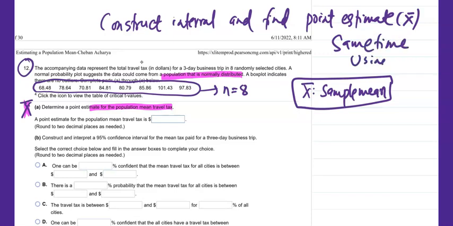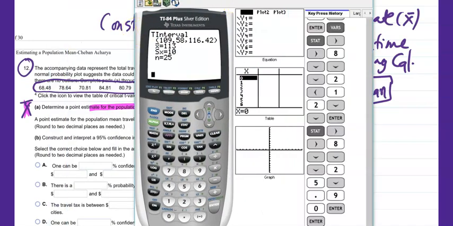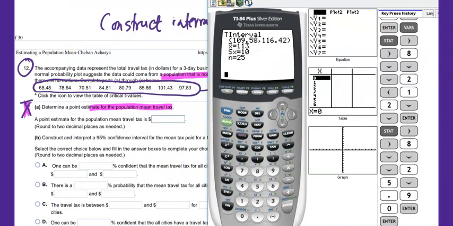Okay, you can do that. Let me show you how. First you put the data in the calculator. I think you know how to put data in the calculator from chapter 3.